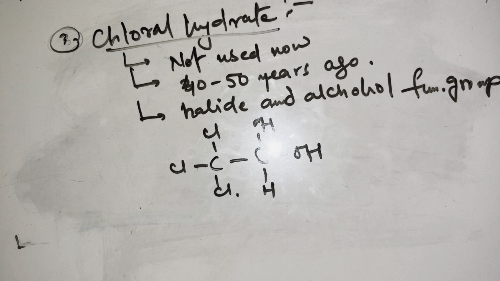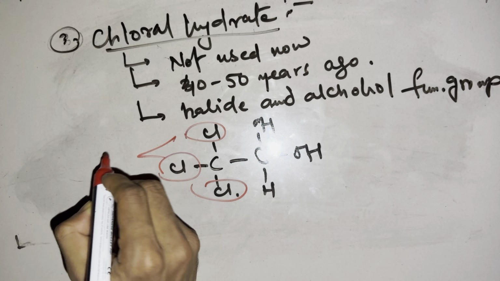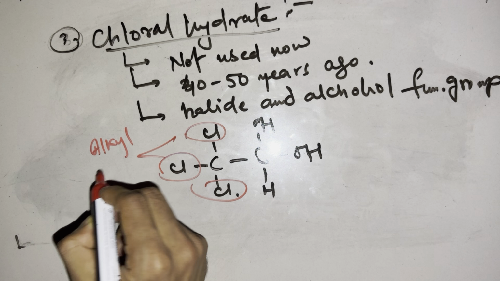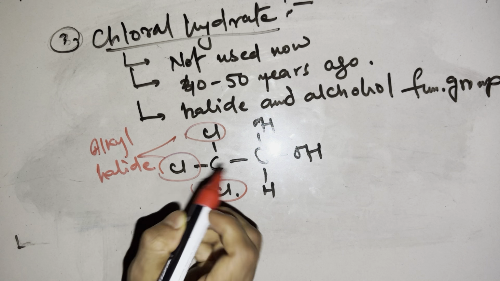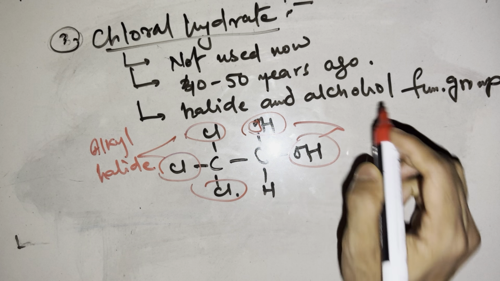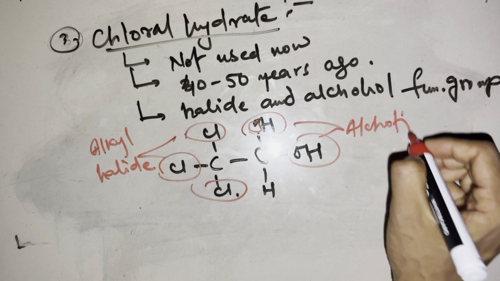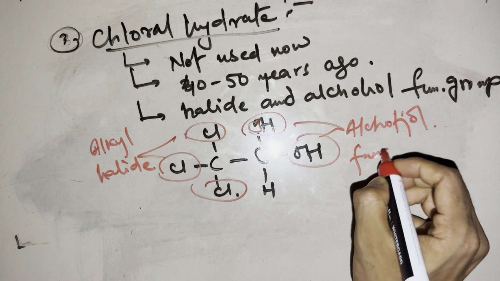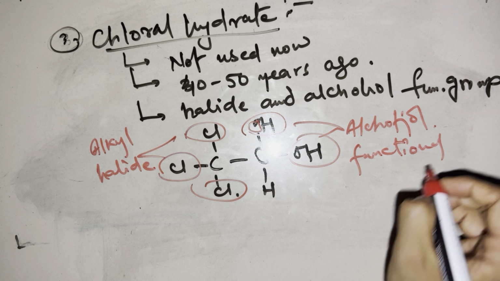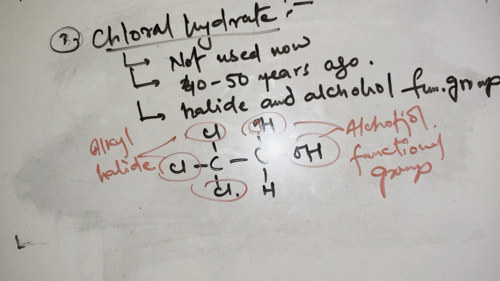So it contains 3 chlorine structure and 2 alcohol structure. Okay, so you have to write alkyl halide, and these two are alcohol as functional group.